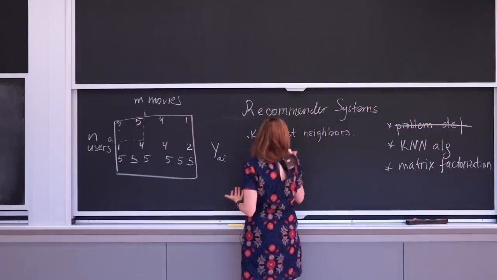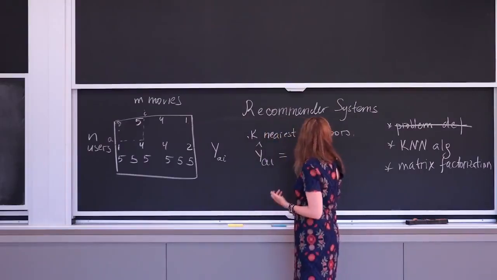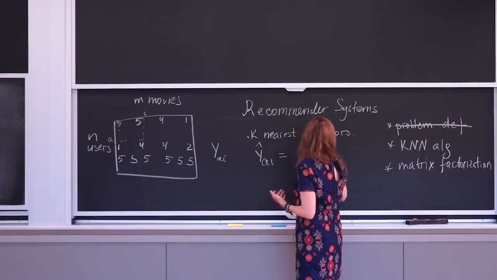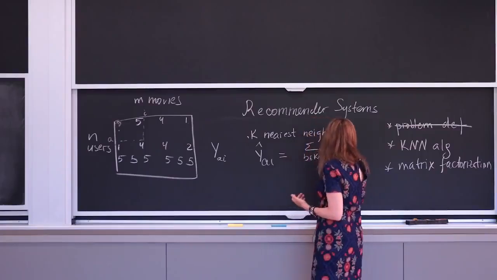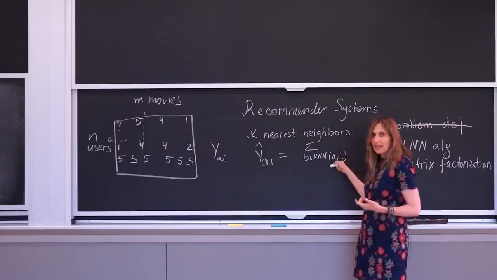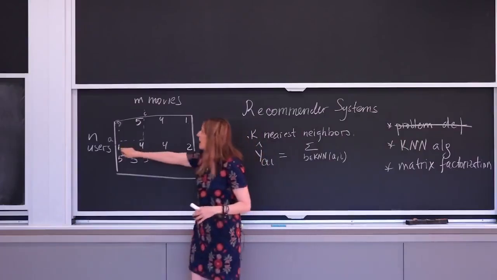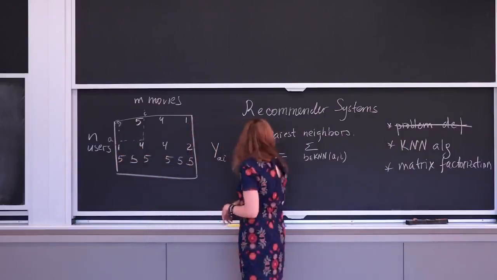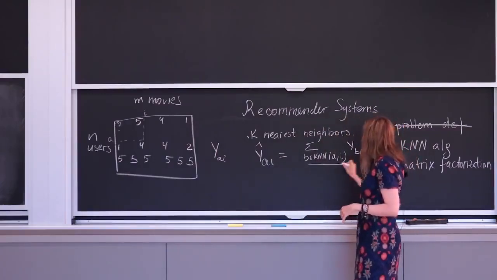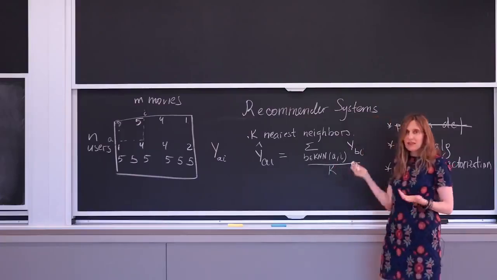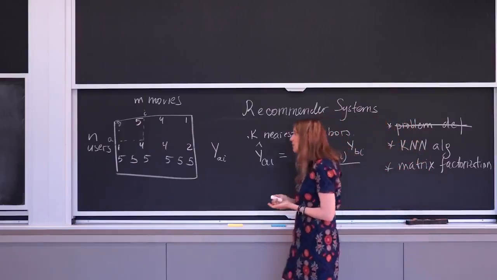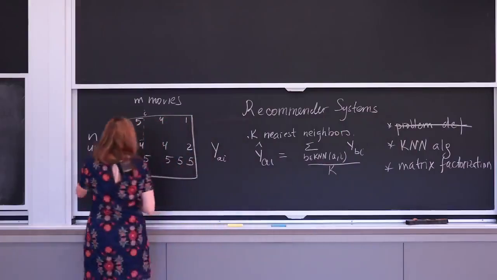I am going to go now through all the users B, which are my K nearest neighbors, of me, of user A, who did watch movie I. So I'm going to select all the nearest neighbors who did watch this movie, take their score for that movie, because we know that they watched it, and then divide by K. So what we pretty much wrote here in the formula is exactly what I said in words. We will identify users similar to me, take their values and take their average.